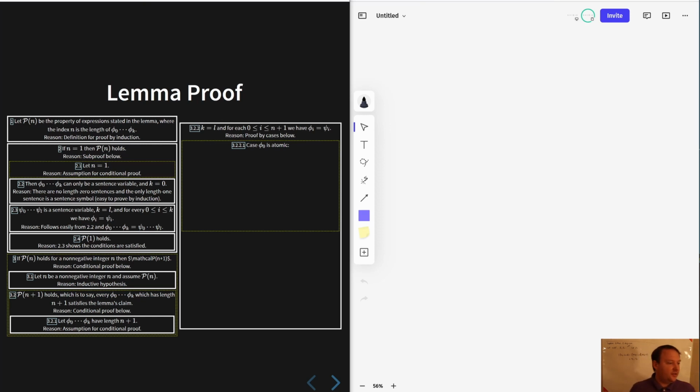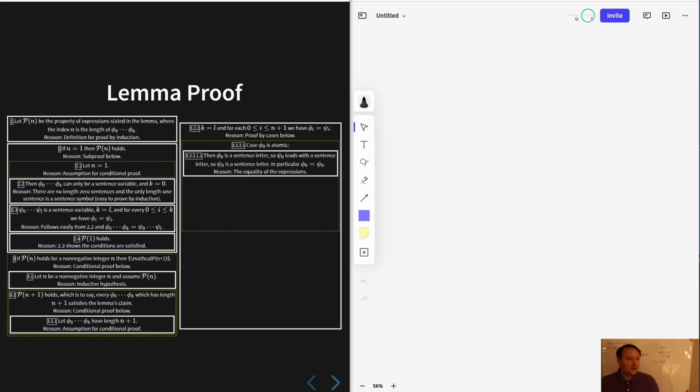So if the length of phi 0 through phi k is n plus 1, we're going to show that the claim holds. And under this assumption, we're going to do so by cases, namely on the type of phi 0, which I'm allowed to talk about because of the earlier parts of this theorem, which guarantee me that precisely one of those cases holds.